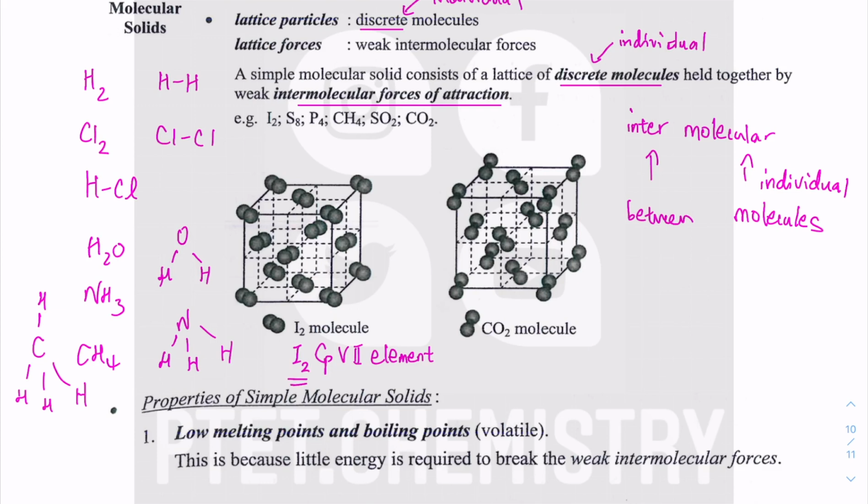Instead, they exist as I2, just like Cl2, Br2, and F2. With 7 outer shell electrons, I can share one of my outer shell electrons with another atom of itself, and then I can get a covalent bond.